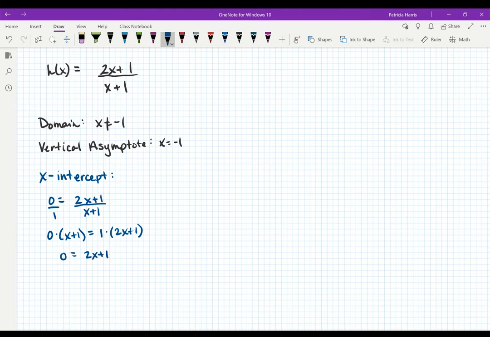If I solve that, you will notice that I actually do have an x-intercept for this one. So that's kind of nice. So if I solve it, I get -1/2. So that means I have an x-intercept at -1/2. All right, let's go ahead and find the y-intercept.